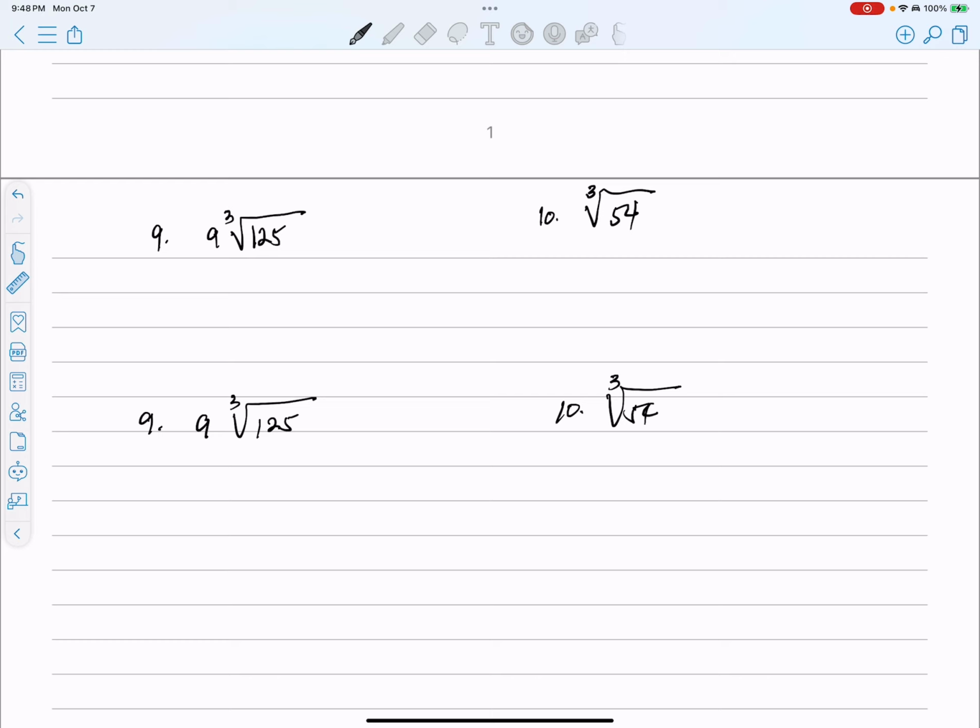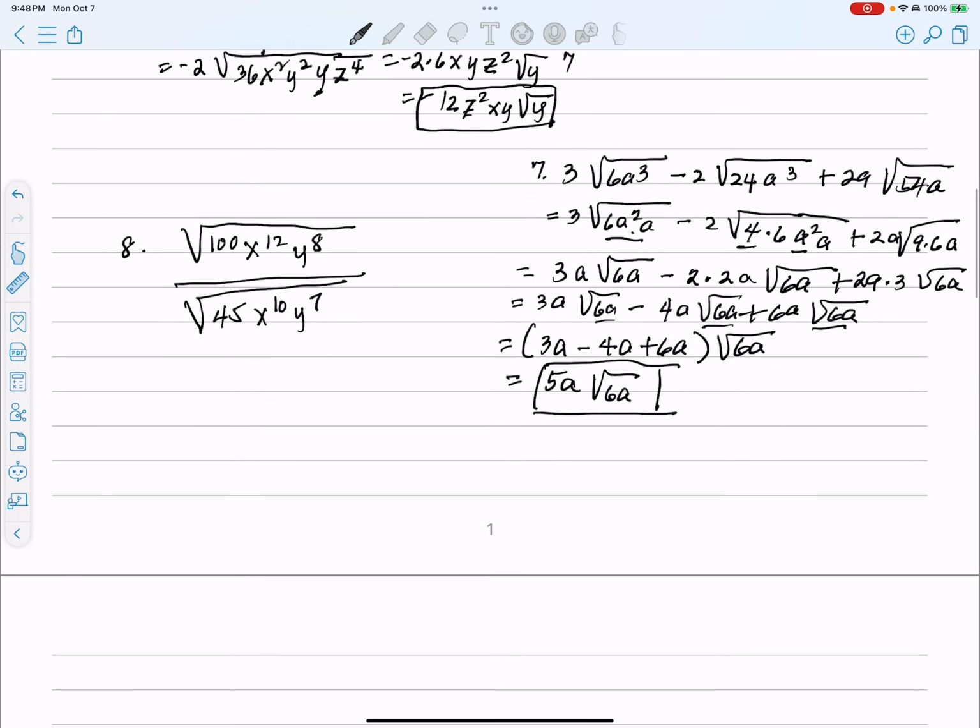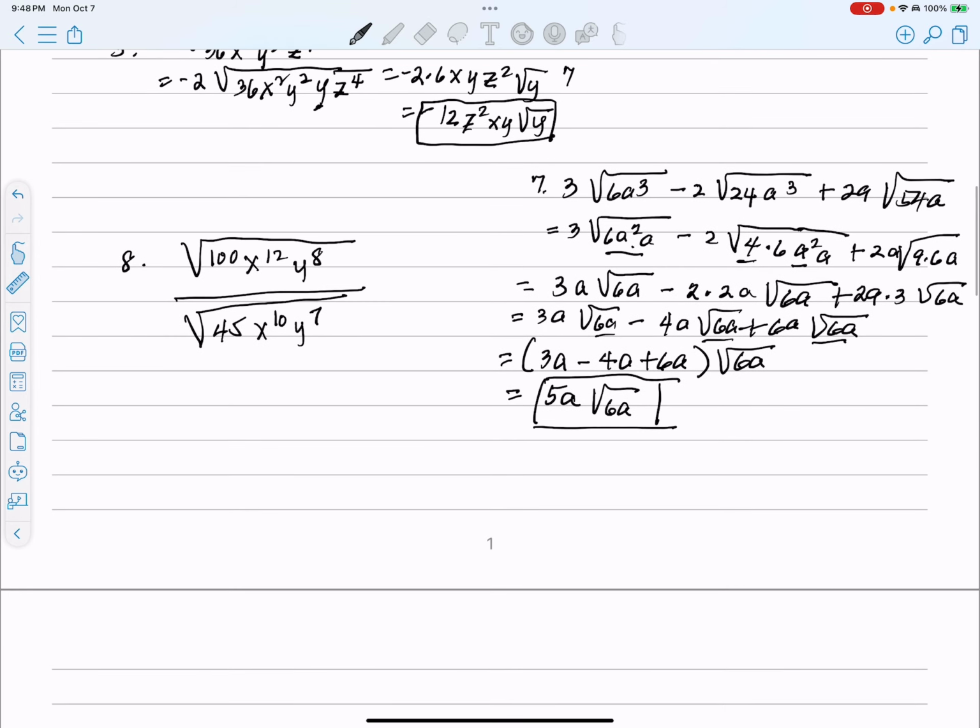So that I could erase this, and I have a bigger space for number 8. So number 8 is the square root of 100 x to the power of 12 y to the power of 8 divided by the square root of 45 x to the power of 10 y to the power of 7.